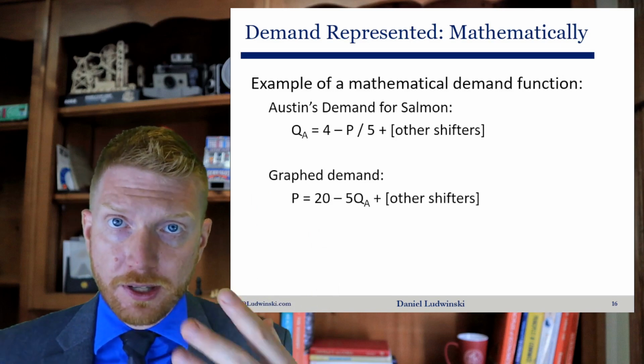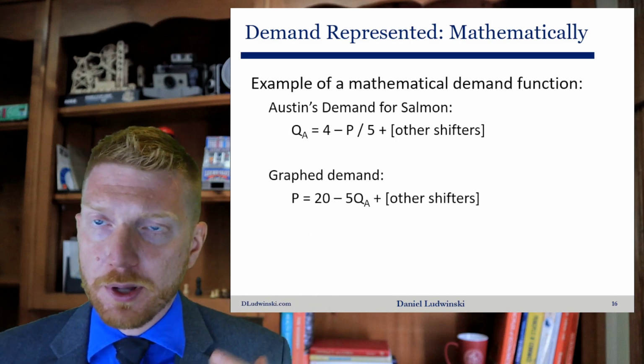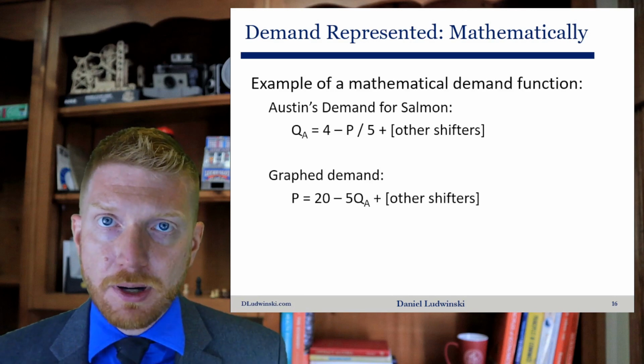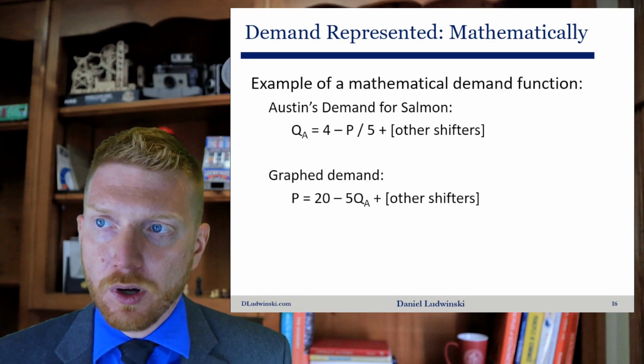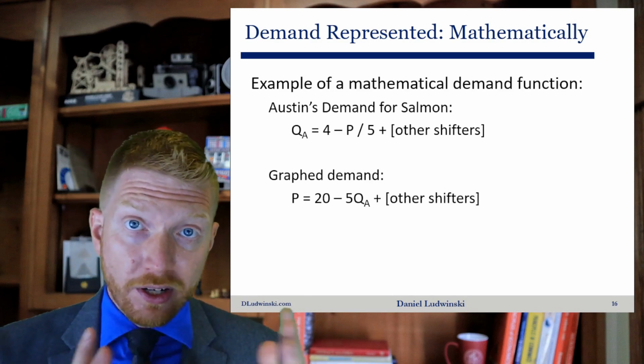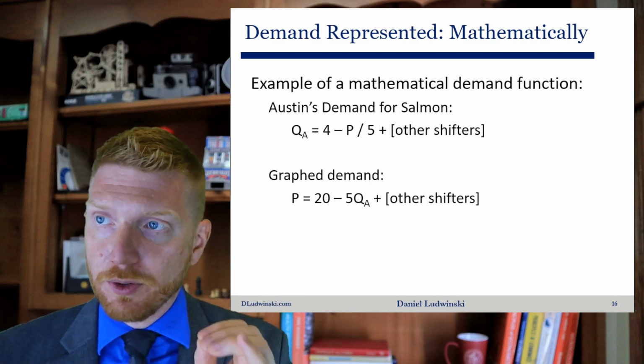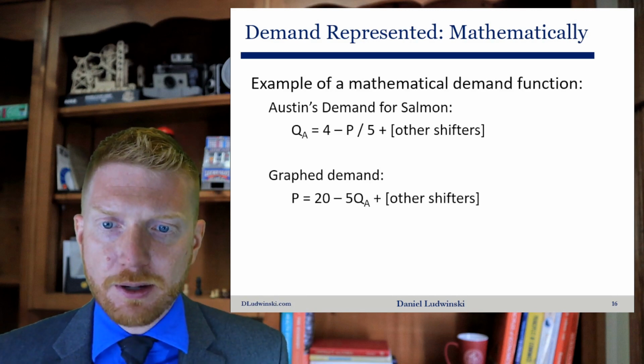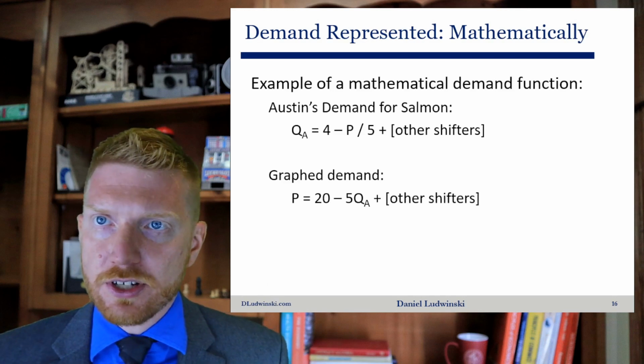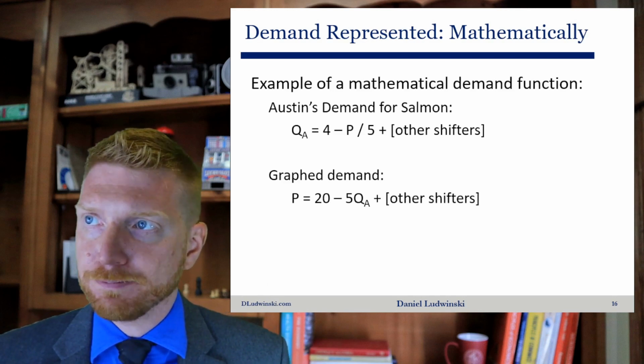So the version that would be graphed would be price equals 20 minus 5 times the quantity. We often don't include the subscript for the individual. I'm doing that here because it's going to become relevant later, but normally it's just a Q without that subscript.